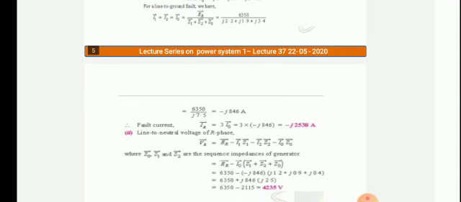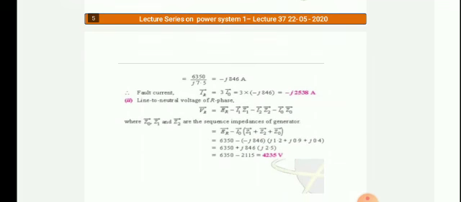So the fault current in this case is IR = 3I0, which is 3 into minus j846, so we get minus j2538 amperes.